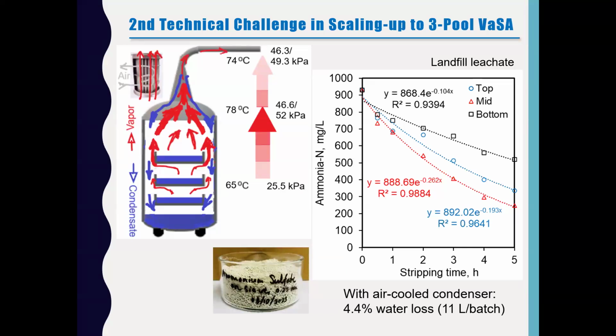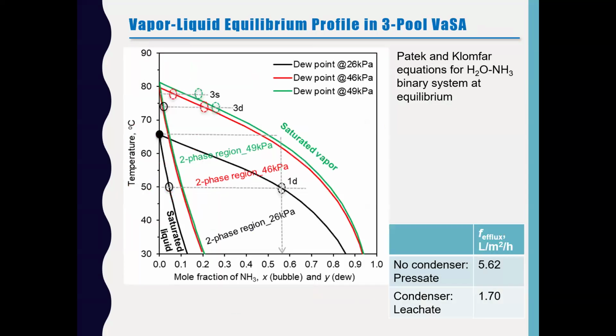To facilitate the full-scale application, we simulated the hydrodynamic processes. The solid line shows the bubble point. For the single pool vessel, the mist temperature reduced to 50.